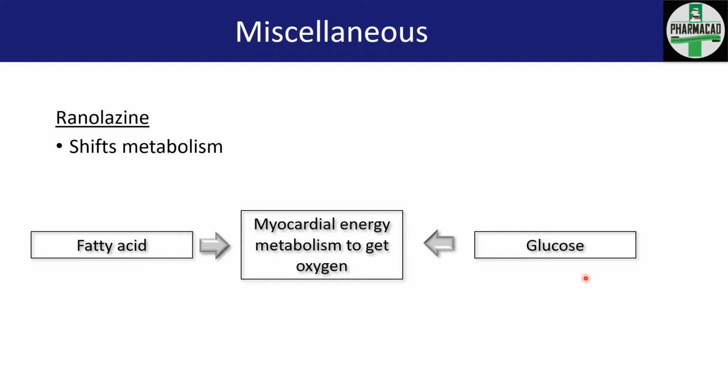That's the way oxygen generation is increased. So ranolazine is a molecule which will shift the metabolism in the myocardial wall towards glucose. More glucose will be metabolized rather than fatty acid, and that's how more oxygen is generated inside the myocardial wall.